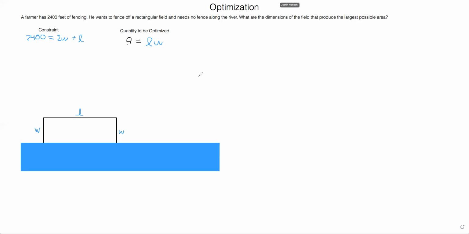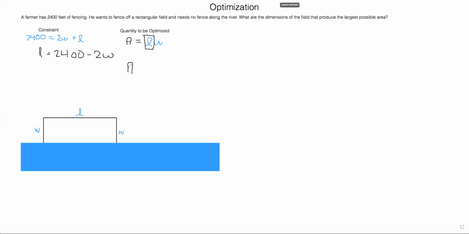I would solve for L and then substitute that into maybe both equations, or maybe just the constraint. Actually, I think just the constraint. Yep, that's a great idea. Take the constraint and subtract 2W from both sides, and we get length is 2400 minus 2W. We'll substitute that in for L. Show me what that looks like.